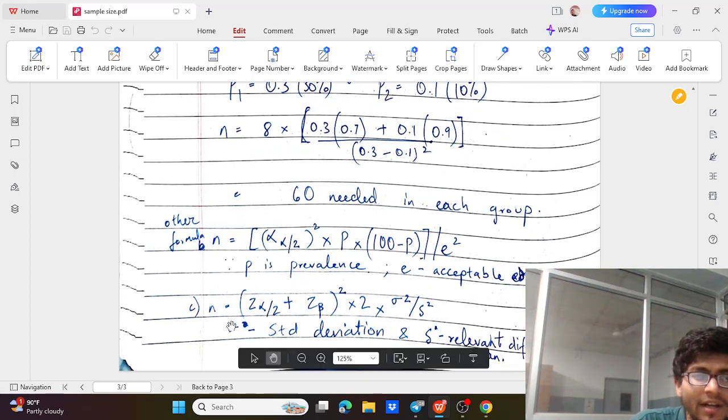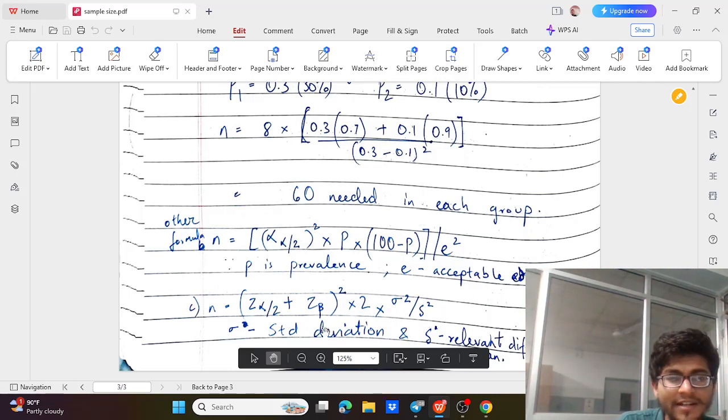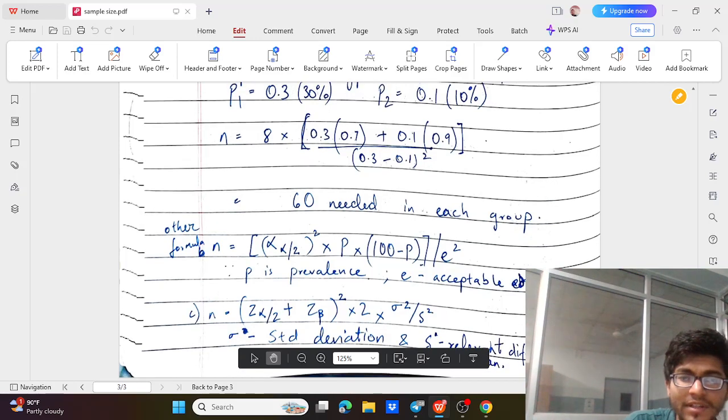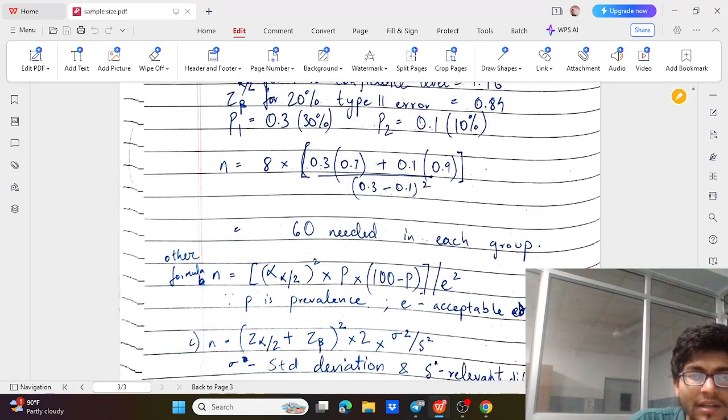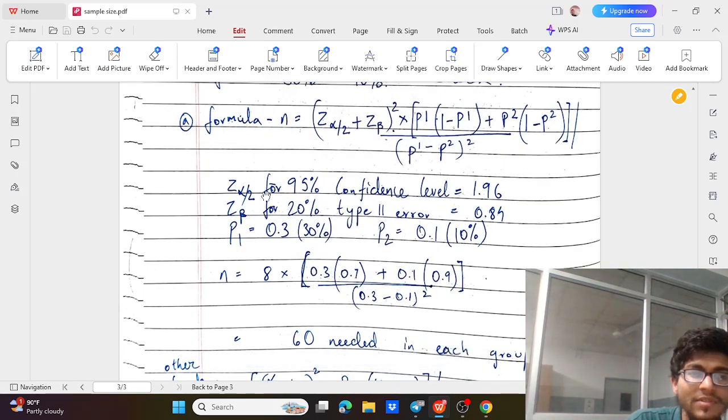Okay, again another formula, that is (Z alpha by 2 plus Z beta) the whole square multiplied by 2 multiplied by sigma whole square divided by delta whole square. So where sigma is standard deviation and delta is relevant difference of the mean. And Z alpha by 2 and Z beta, these are all the same things which we have seen up.